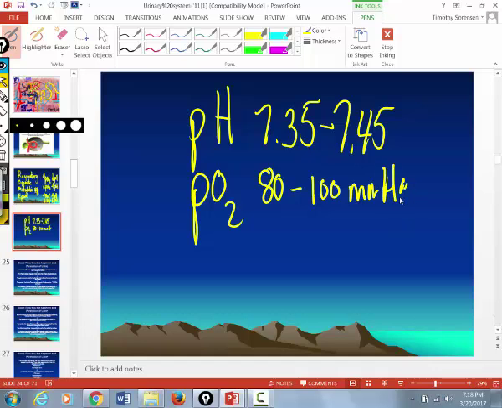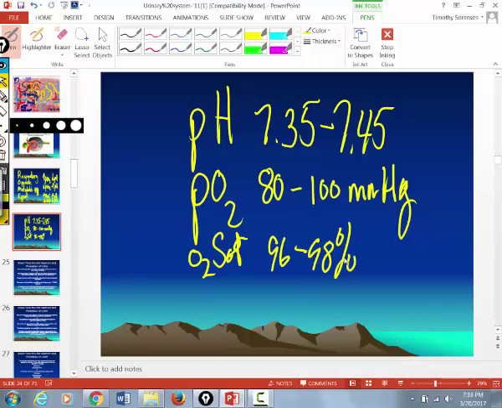And that's measured in millimeters of mercury because it's the pressure. Then you look at O2 saturation, and that's the amount of oxygen bound to the iron on hemoglobin. And normal is 96 to 98%. Then you look at PCO2. And how you remember PCO2 is you just take the 7.35 to 7.45 of the pH and drop it down to 35 to 45, and that gives you the normal range for carbon dioxide.